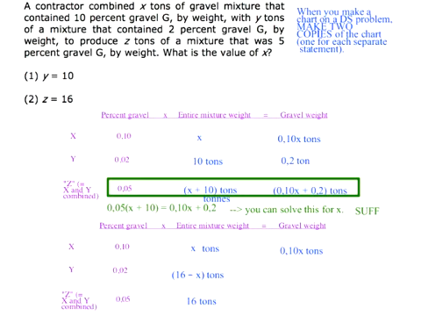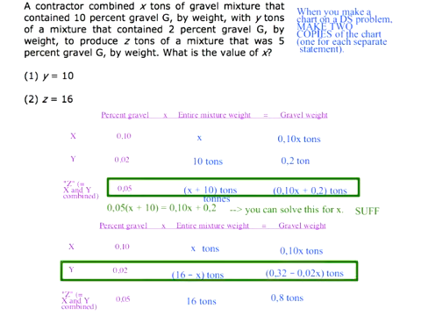This is now 0.32 minus 0.02x tons, and this is 0.05 times 16. So there's an equation, you can solve that. It's going to be the same sort of deal that happened with the first statement. Now we're looking at the y line.